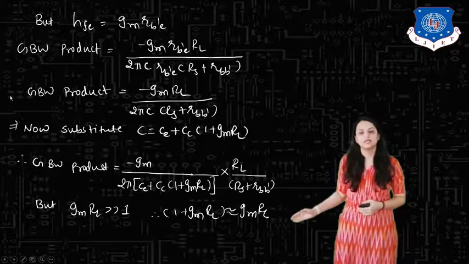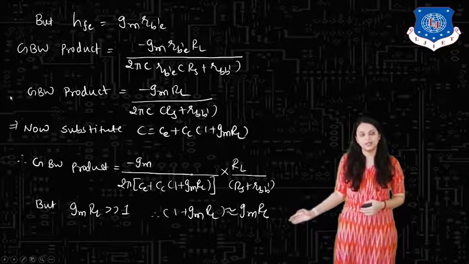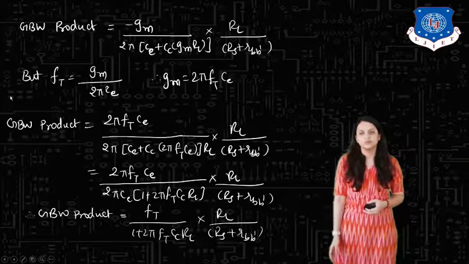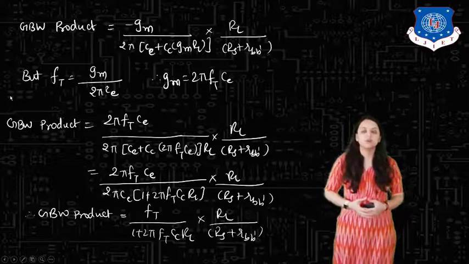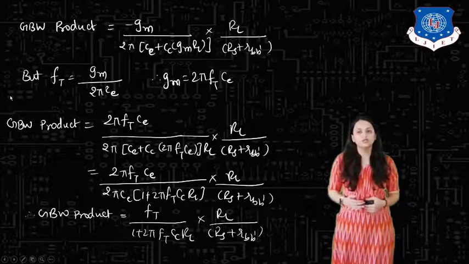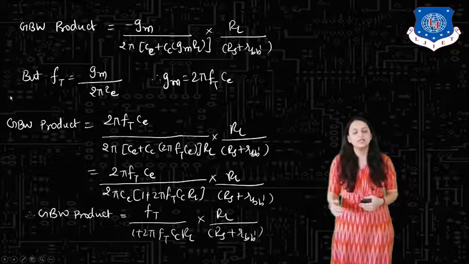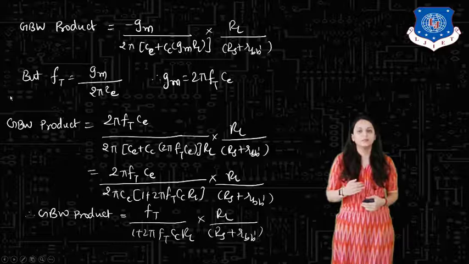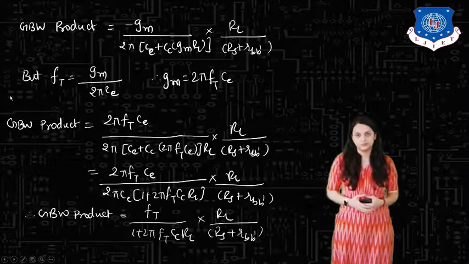So we can say that 1 plus gm RL is almost equal to gm RL. So now our GBW product value is given as minus gm upon 2 pi into Ce plus Cc into gm RL into RL upon Rs plus rbb'.